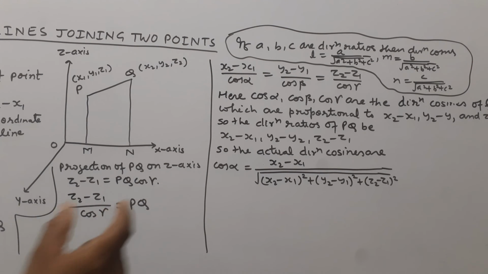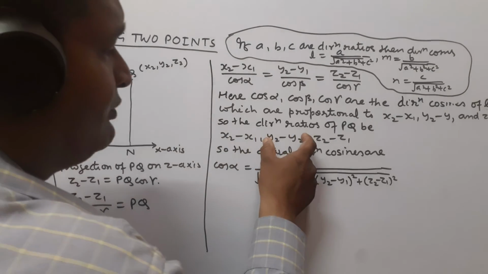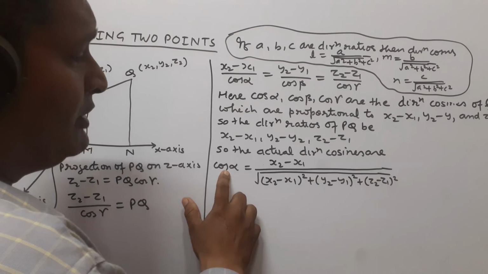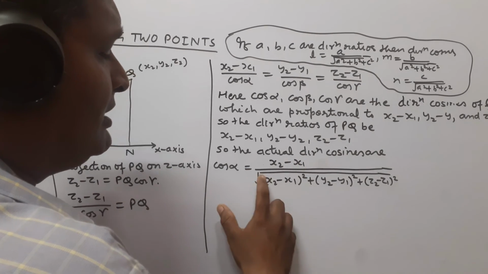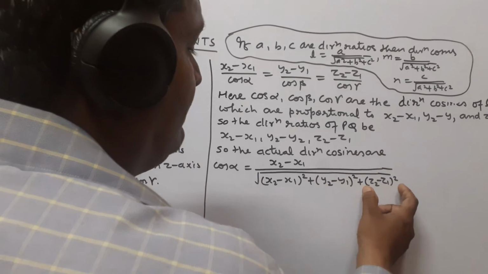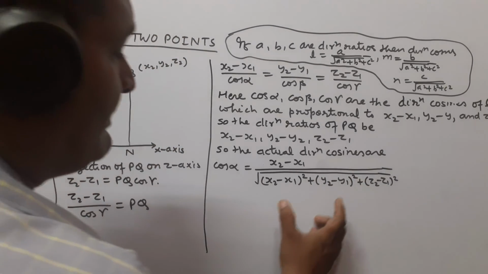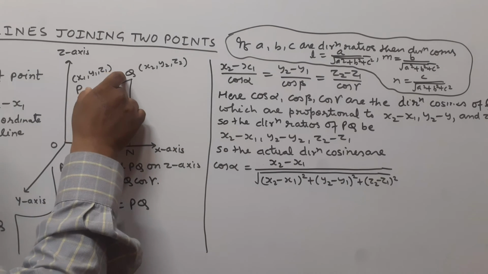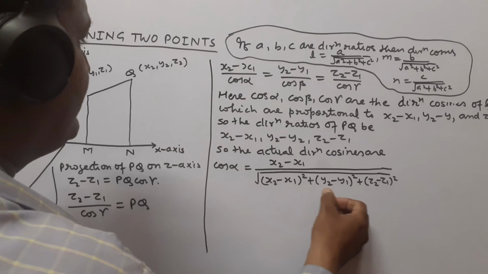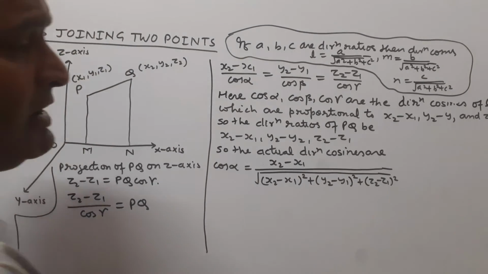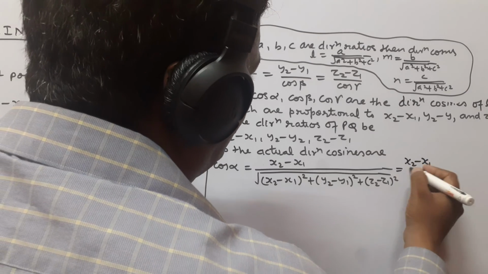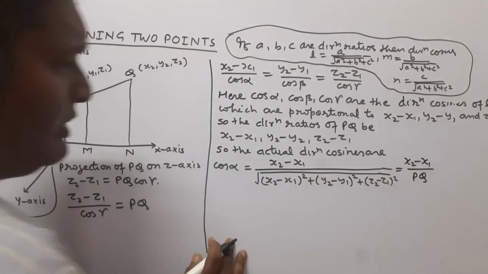So here the direction ratios are x2 minus x1, y2 minus y1, z2 minus z1. So direction cosine cos alpha is equal to x2 minus x1 upon under root x2 minus x1 whole square plus y2 minus y1 whole square plus z2 minus z1 whole square. Here we can see that the distance between two points P and Q is under root x2 minus x1 whole square plus y2 minus y1 whole square plus z2 minus z1 whole square. So this can also be written as x2 minus x1 divided by PQ.